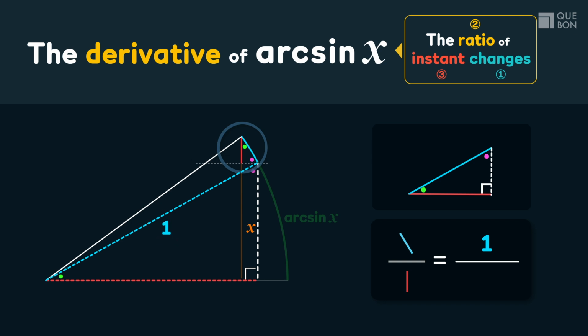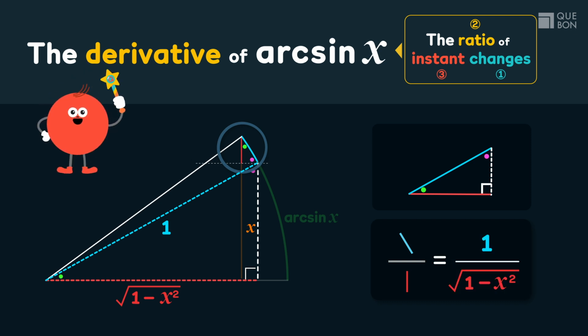The vertical height is x, so the base is the square root of 1 minus x squared. So, the derivative of arcsine x is 1 over the square root of 1 minus x squared. Done. Now you can see it for sure. When you understand it by meaning and intuition, it becomes crystal clear.